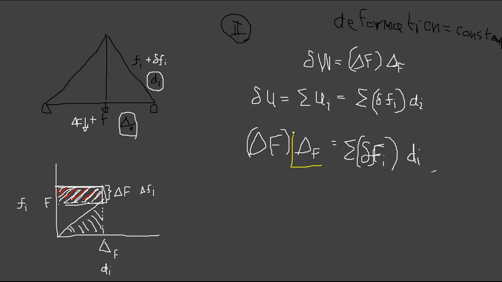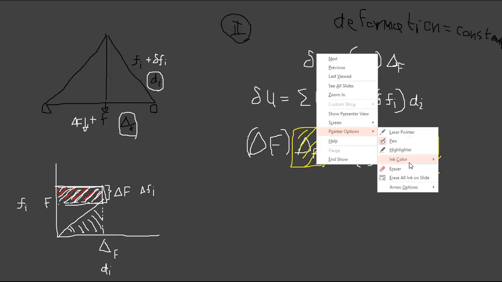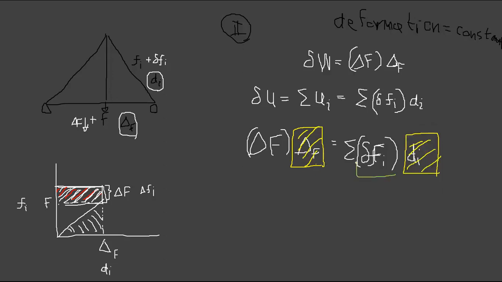So this is the deformation in actual structure, and this is the deformation in actual structure in members, right? So this is the actual part, and this is the virtual part. So this is the virtual member force due to the virtual force, right? Virtually applied load. This is the virtual force applied, right?